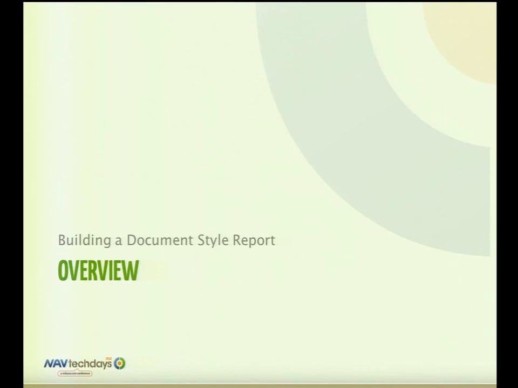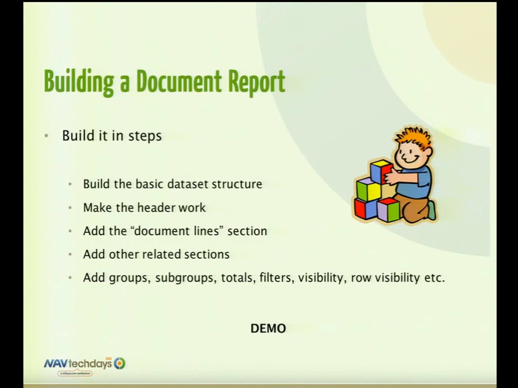So how can we do it? I cannot build a whole sales invoice in 15 minutes here, but I am going to show how we start as an application developer building document reports. So obviously, the suggestion is to build it in steps.